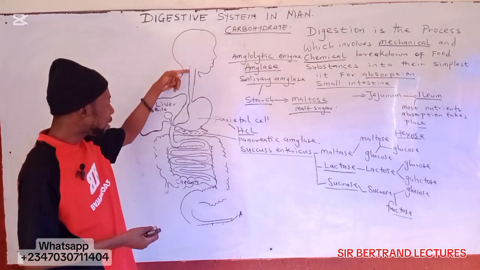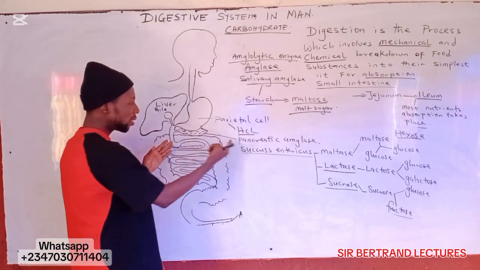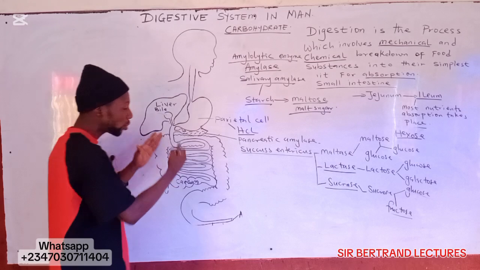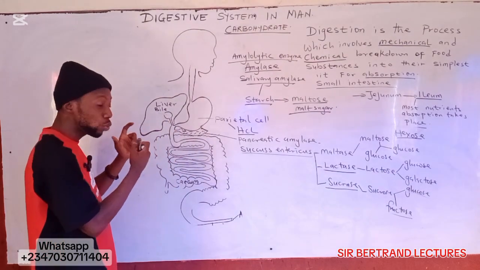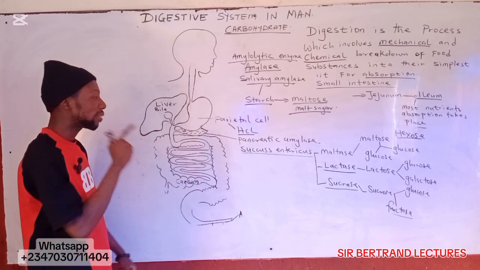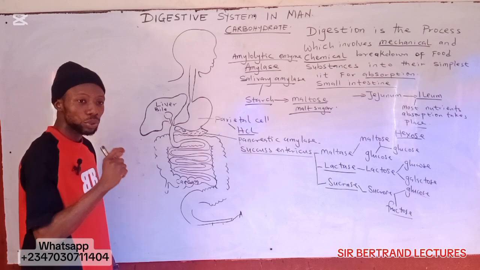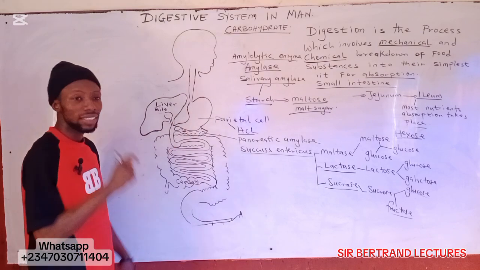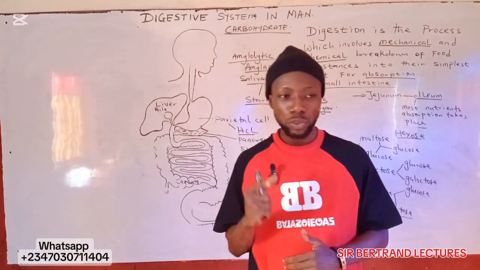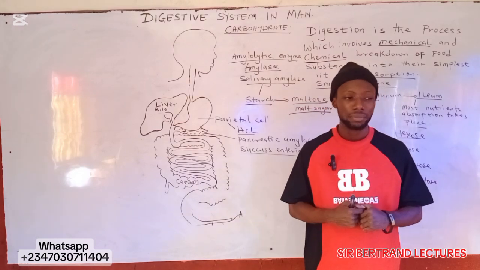By the time they move down to the stomach, to the small intestine, the pancreatic juice is released by the pancreas to work together with the succus entericus released by the brush border of the duodenum so as to convert these carbohydrates into their simplest units. Remember, there is no chemical digestion of carbohydrates in the stomach because the stomach is highly acidic and carbohydrate digestion is not effective in the acidic environment.